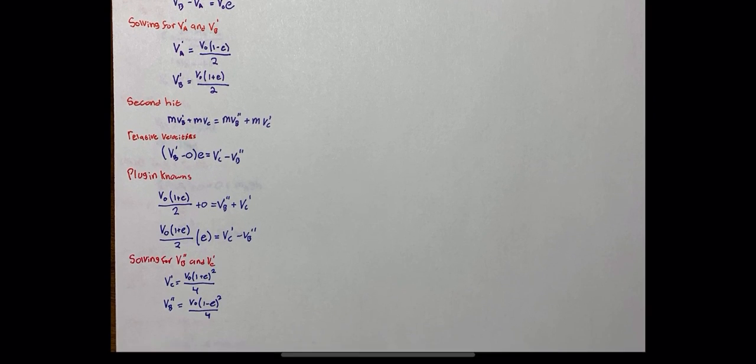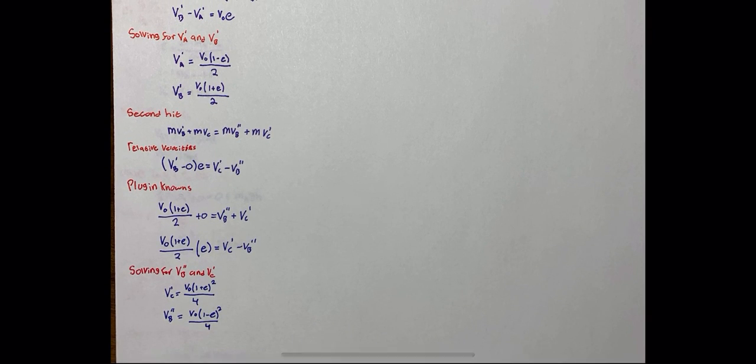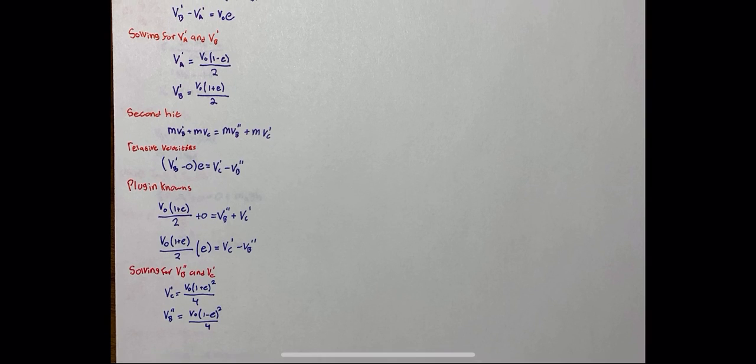And for the second hit, we know that the momentum is also conserved here, so MVB prime plus MVC is equal to MVB double prime plus MVC prime. And the relative velocities at the second point are VB prime minus 0 times E is equal to VC prime minus VB double prime.